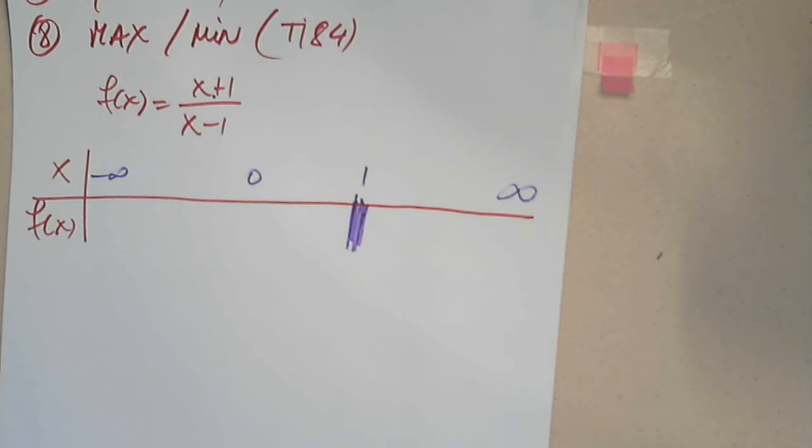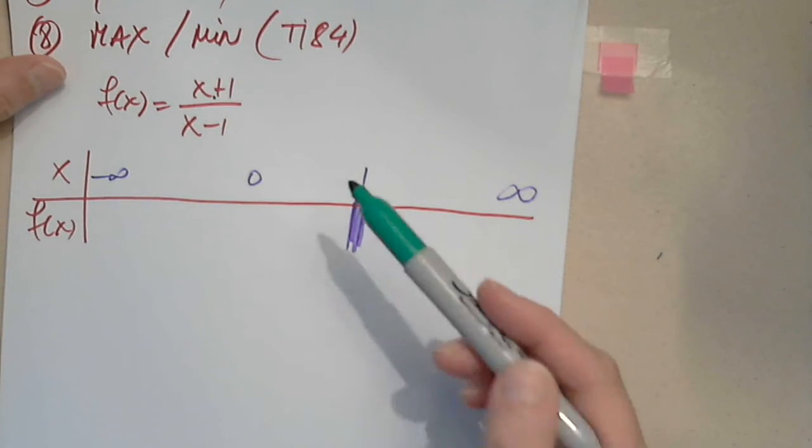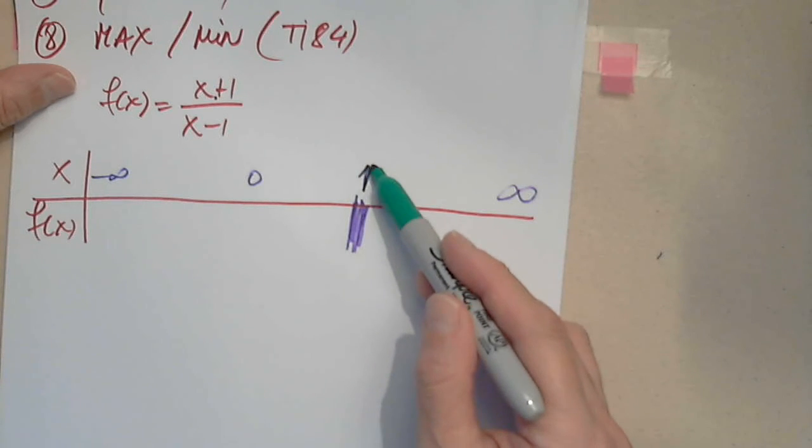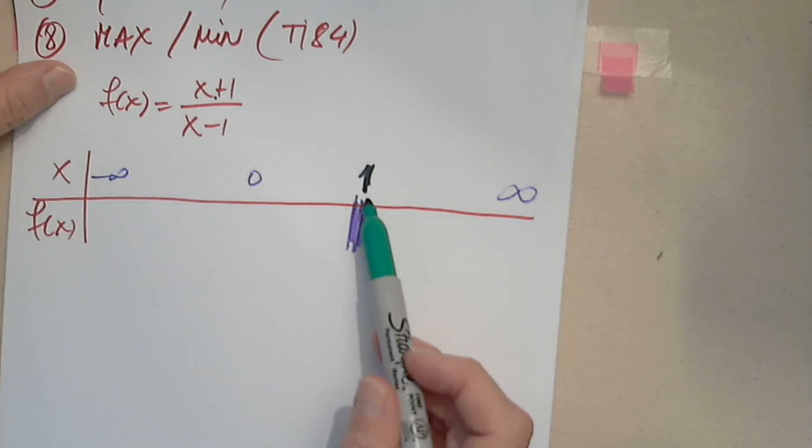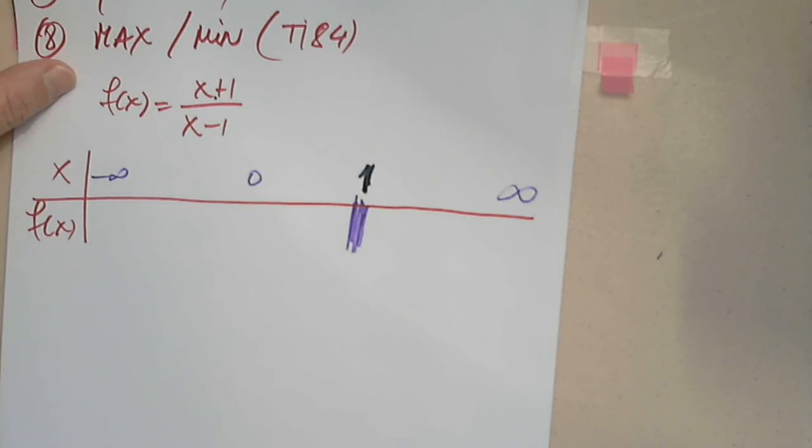Okay. So when a rational function is undefined at a point, like for example at the value of x equals 1, there is an exception. We're going to talk about the exception.